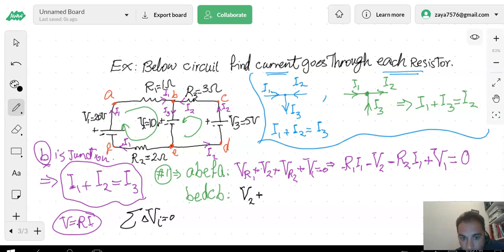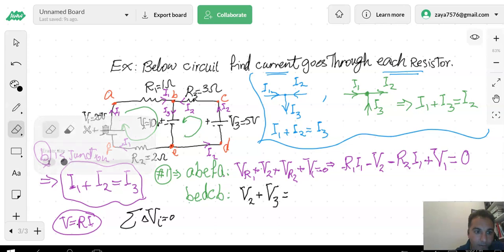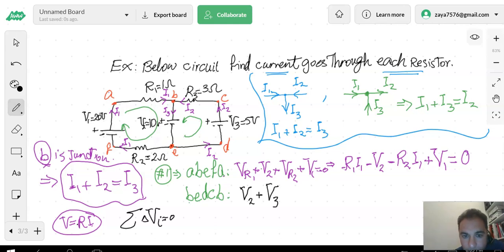BED. ED, go, nothing. There is nothing here, it's just wire. Then go up. Oh, this is battery, so I'm going to have voltage of battery 3 equal. No, no, sorry. Not yet equal. Then go, nothing, nothing, nothing.